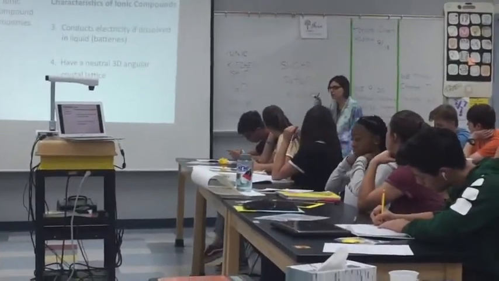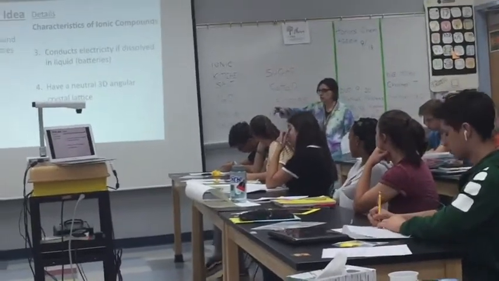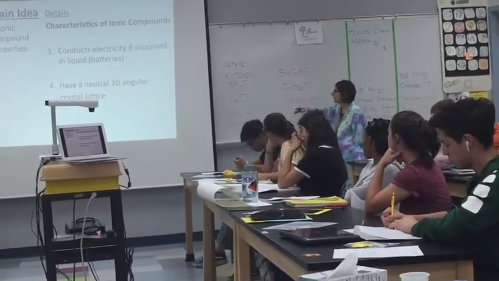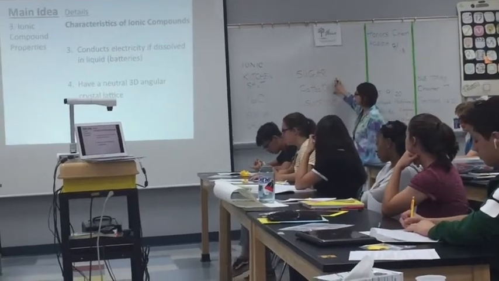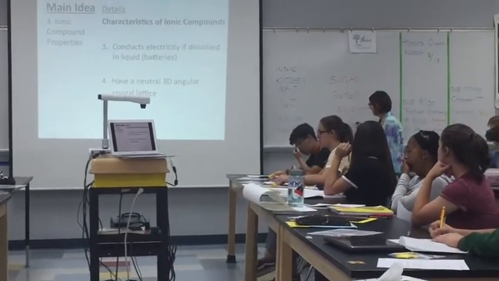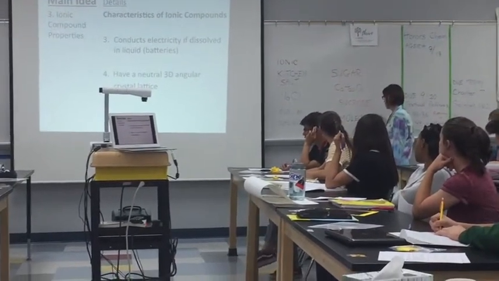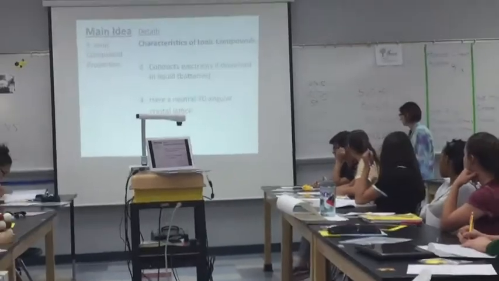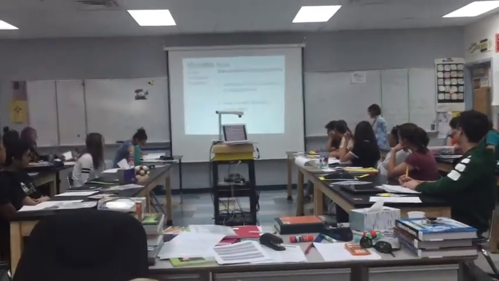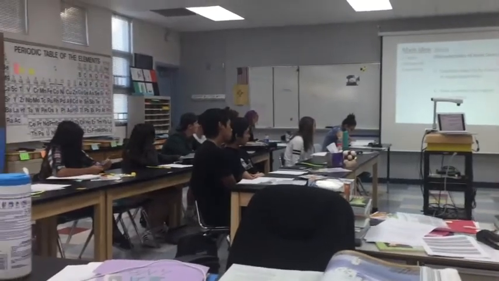Of course, I don't have just one and one, I have a crystal lattice of a lot of them, right? But this is the formula unit for sucrose, and this is called either a molecular compound or covalent, which means the kind of bonds are not ionic, but covalent, okay? And we'll talk about that.